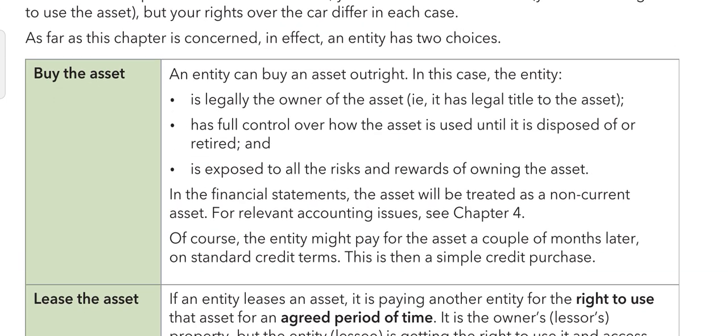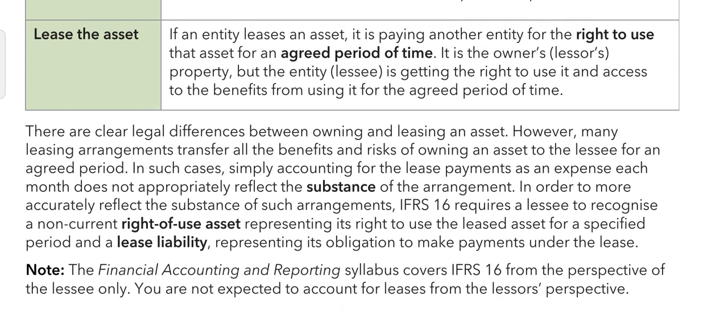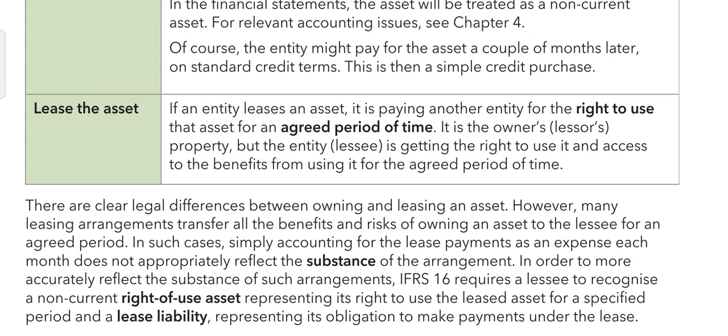So here is the definition of buying an asset and leasing an asset. Now we read what it means to lease an asset. If an entity leases an asset, it is paying another entity for the right to use that asset for an agreed period of time. This is the main and important point, which is bold in black color.